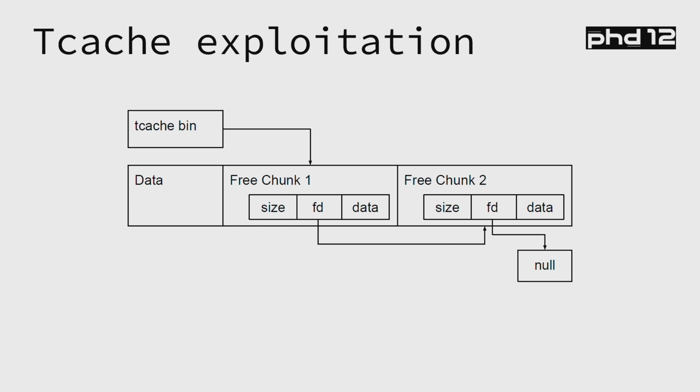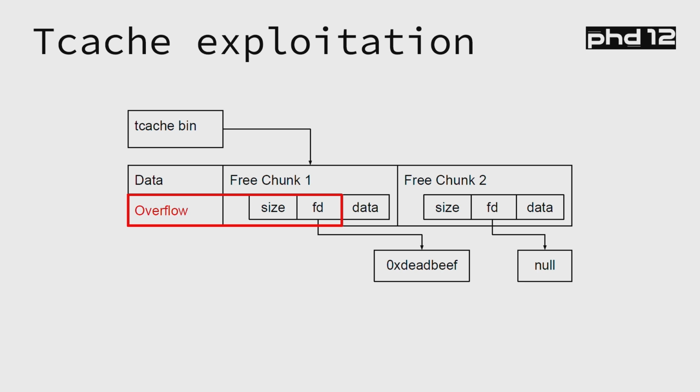I will be talking here about Tcache exploitation, and Tcache is one of those bins belonging to the family of fastbins. It's super fast, and by default, it's the one to be used. So we have some data, and after it, we have, say, 2 free chunks. Imagine we're lucky that we have 2 free chunks there in the same Tcache.